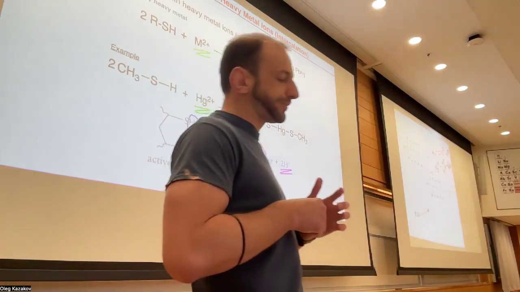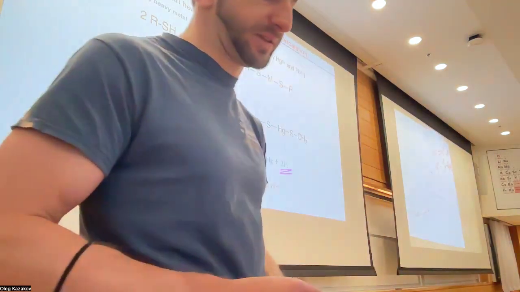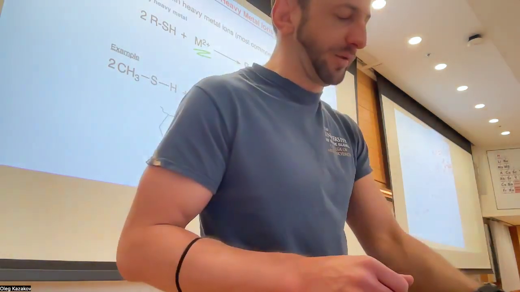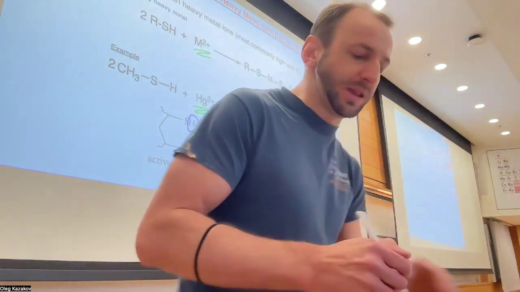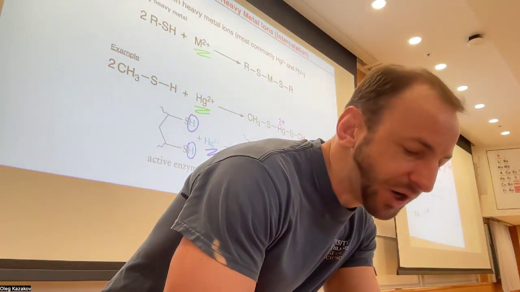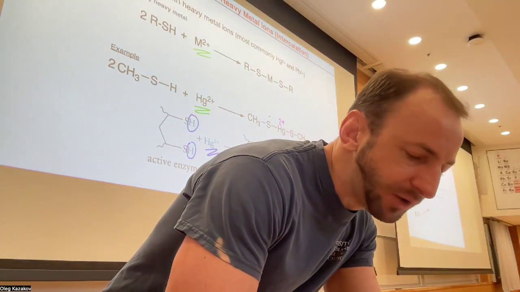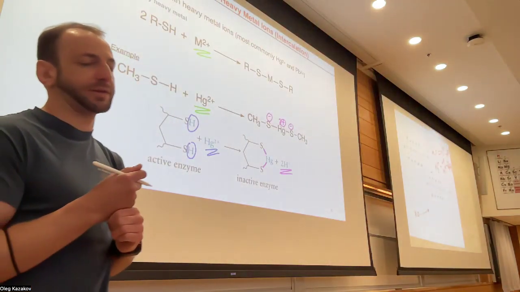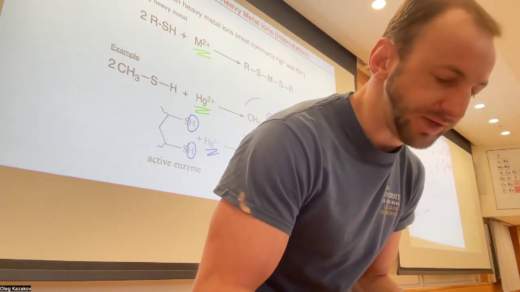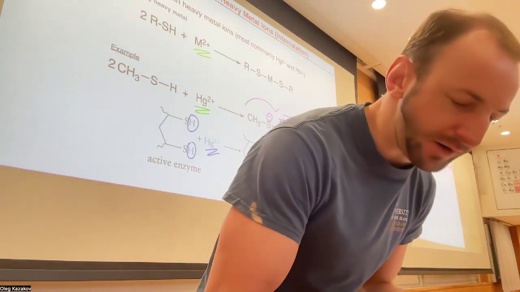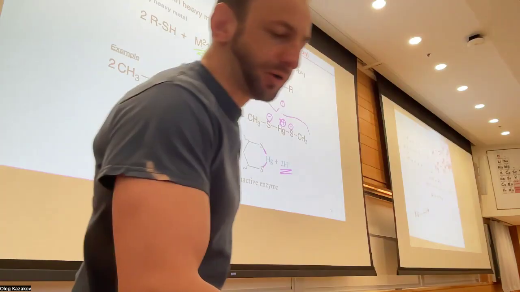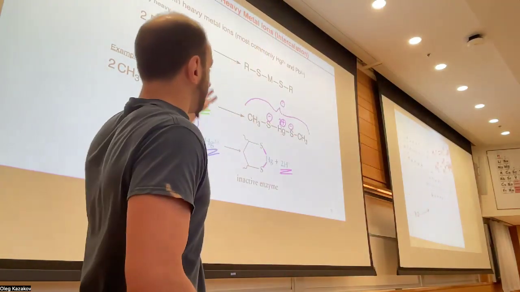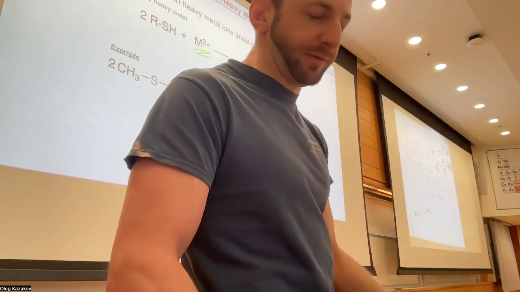That's exactly what happens in your thiol case. Technically, if you want to go into details, there's going to be a 2 plus charge here, -1 on this sulfur, and -1 on this sulfur. And then you'll have a total charge of 0 on this entire compound. It's going to be a stable compound. That's what we're driving for.